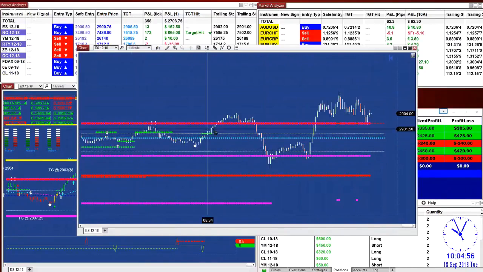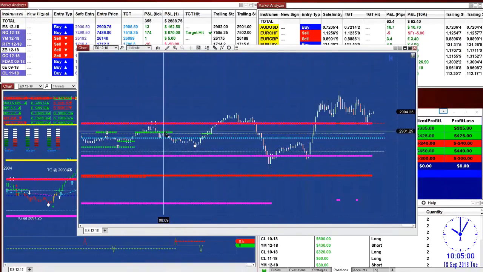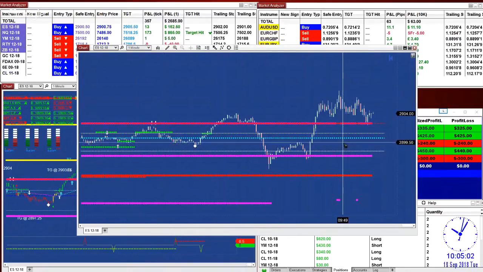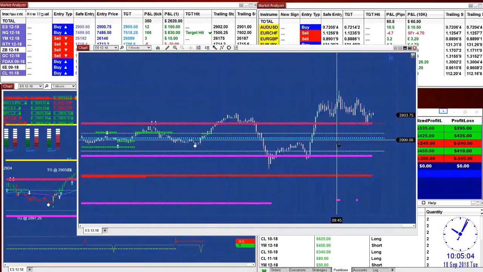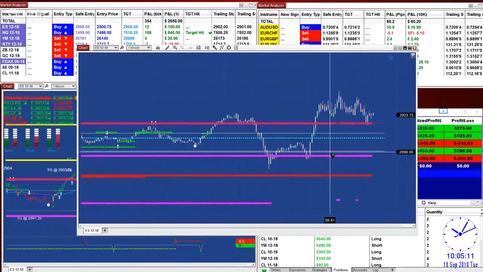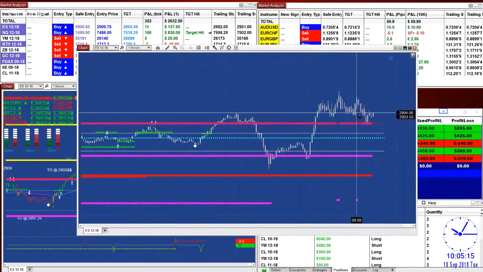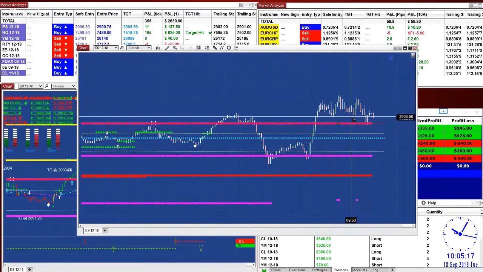When the ES was stuck between those lines here, your probability is going to have a lot of problems. Once the ES breaks out from that chop area, this is where you need to start using your auto trades, and this is where you start making the most money.